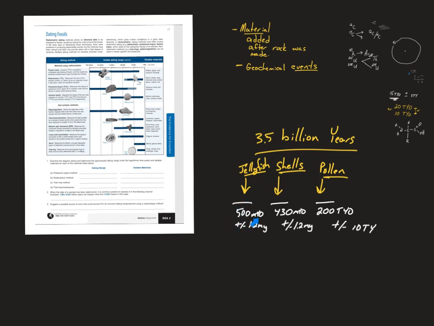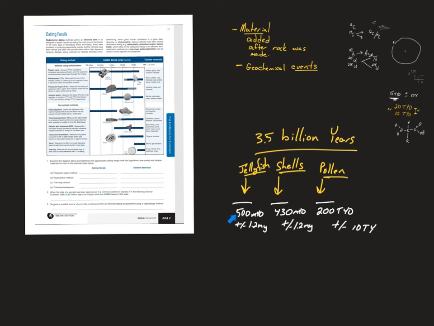So when you have 500 million years old and it's a plus or minus 1, if you find this jellyfish at the bottommost strata, and you know that from DNA evidence it's one of the oldest organisms, then you're kind of feeling a little more confident about your results. And then you think about 1.2 million years, plus or minus 1.2 million. Does that impact your prediction that this is the oldest?